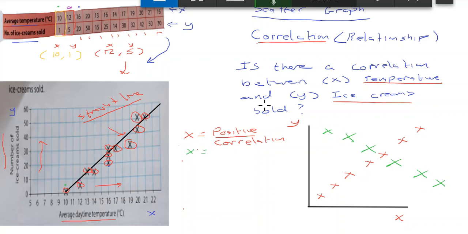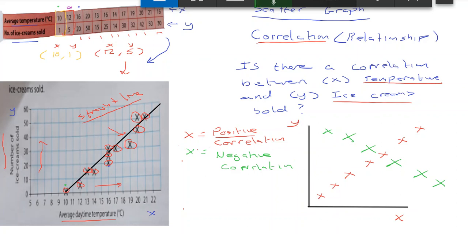What we're saying is that this is a negative correlation. So as x increases, y decreases. With the positive correlation, as x increases, y increases.